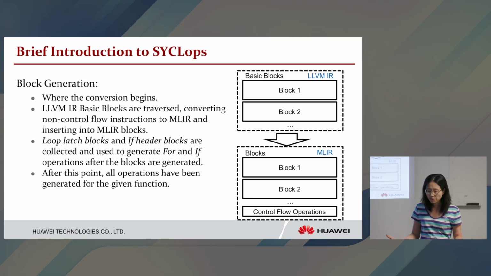However, the control flow representation of LLVM is quite different from MLIR. LLVM does not have dedicated operations for loops or if statements. So on that front, loop latch blocks or if header blocks are collected and used to generate the for and if operations after all the non-control-flow operations have been generated, and they are placed in the control flow operation block.